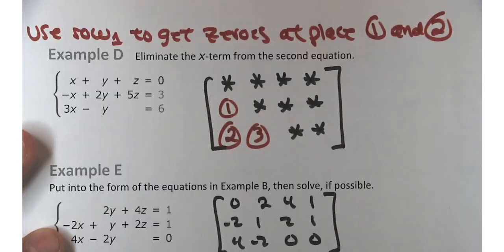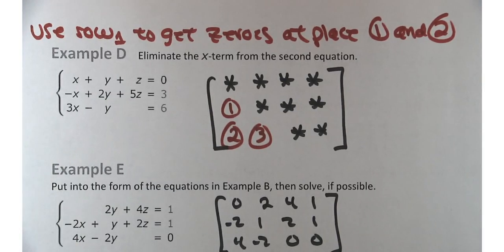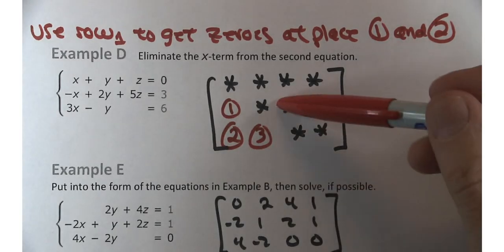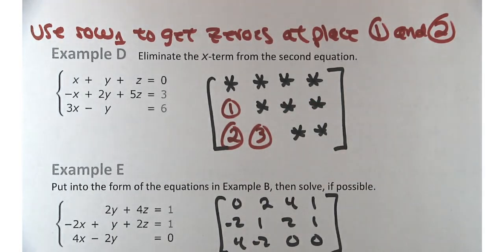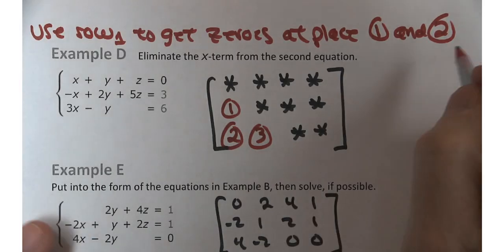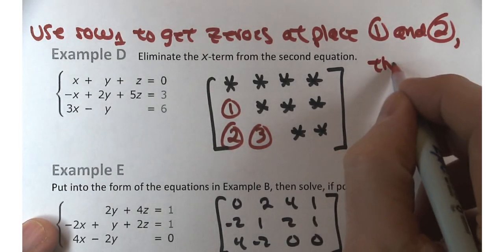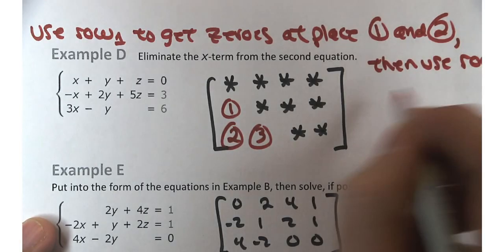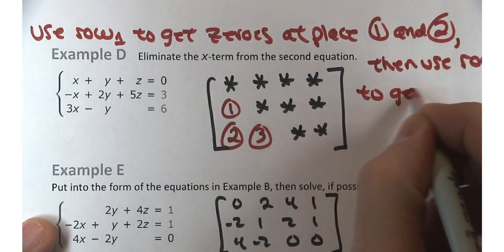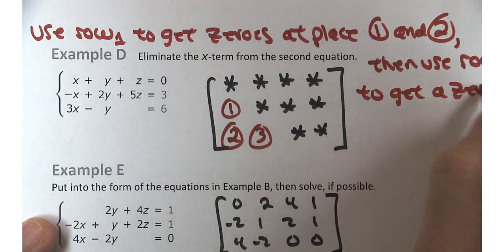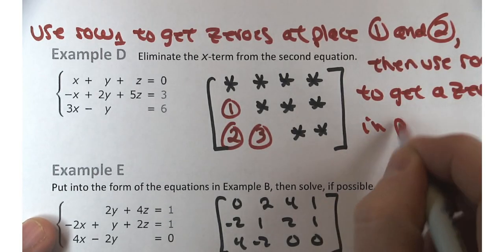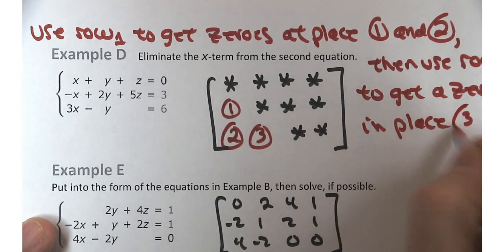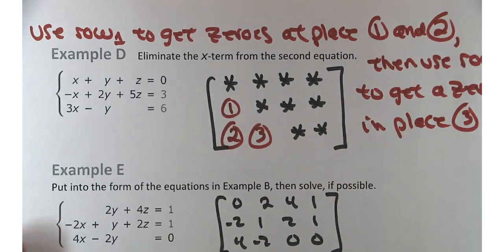So that's what you're going to start out with. Then you're going to use row 2 to get a 0 in place 3. So you want to get the zeros in that order.